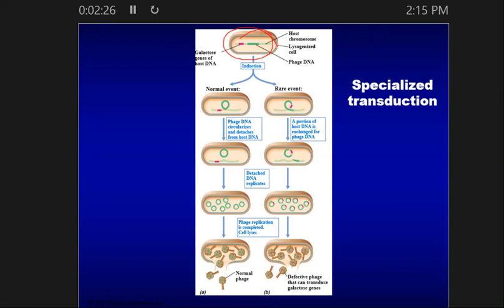Now, when that virus busts out of this cell, goes to a second host, it may inject that DNA from the first host into the second host. And so the second host, if it survives the viral attack, maybe that DNA that came along is going to help that second host.